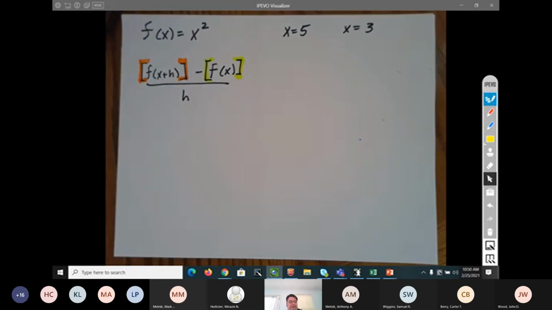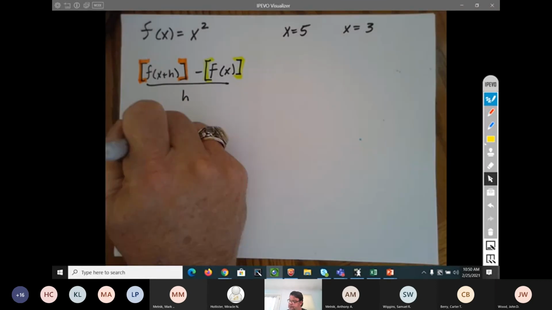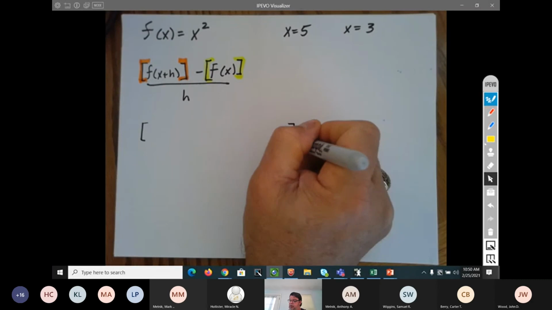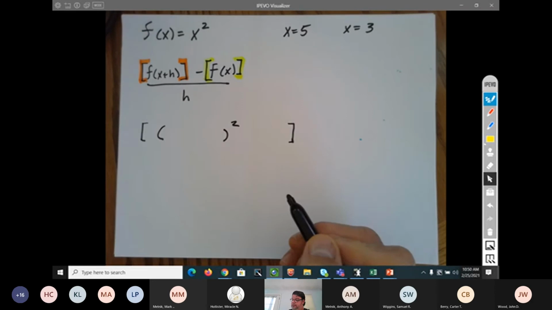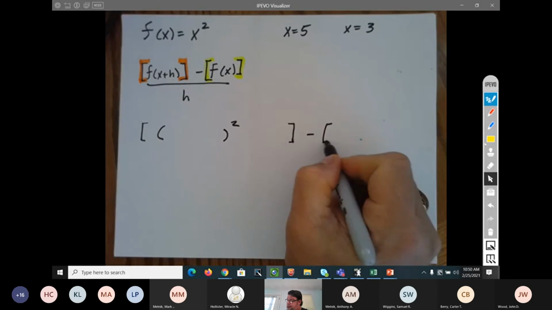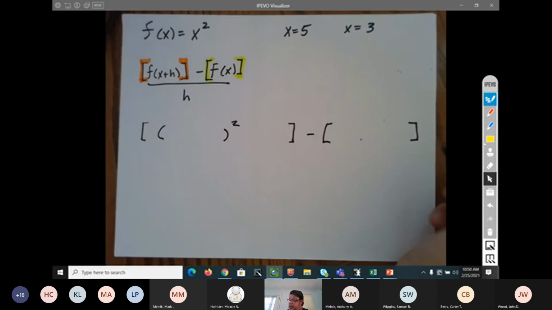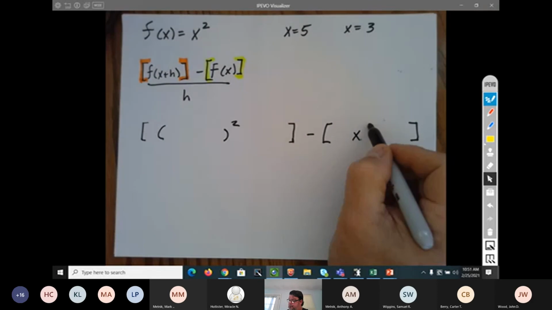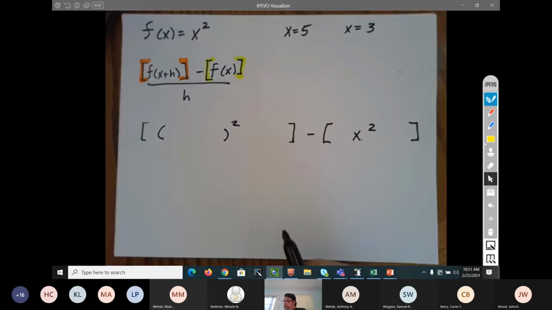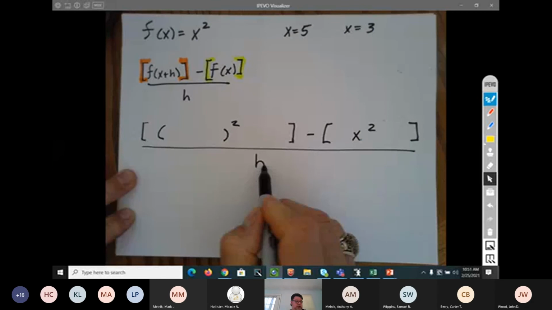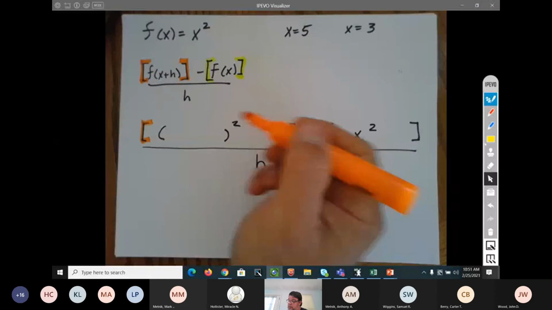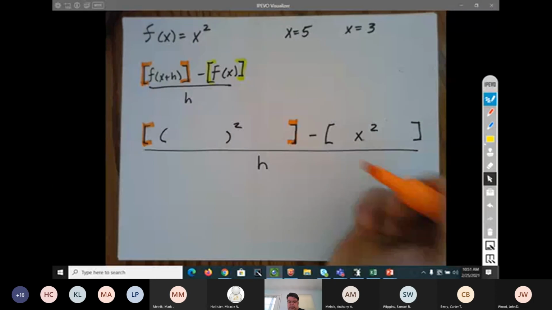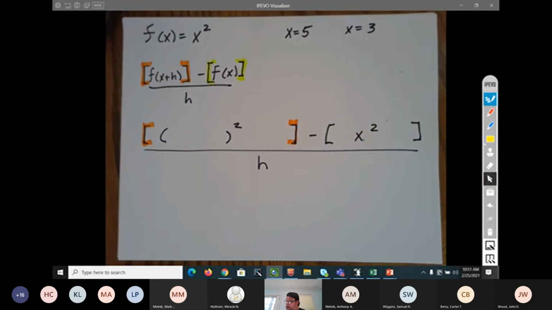So here we go. Brackets, parentheses, squared, minus brackets, and that x squared goes in there, all over h. And the yellow is right here.